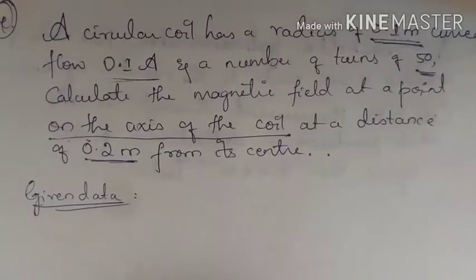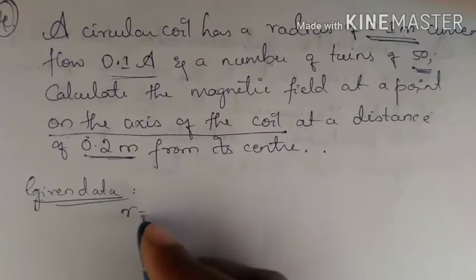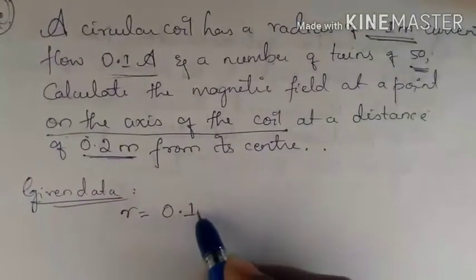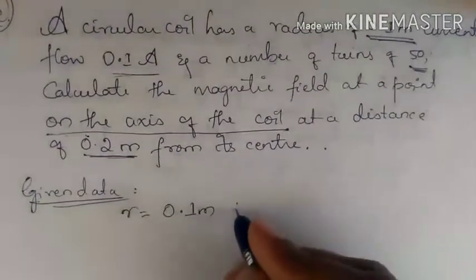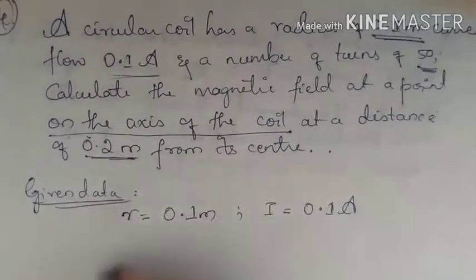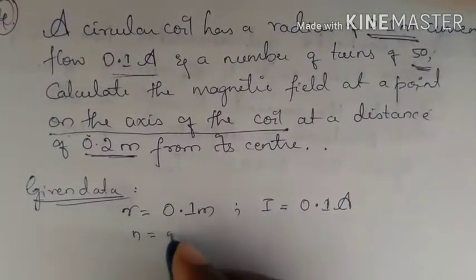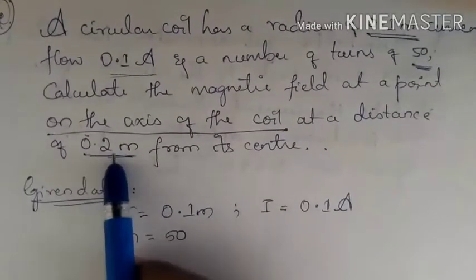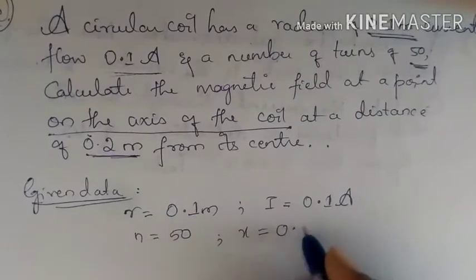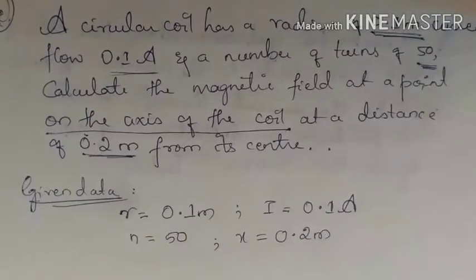Radius of the coil R is equal to 0.1 meters and current through it is 0.1 amp. Number of turns N is equal to 50 and at a distance X is equal to 0.2 meters.